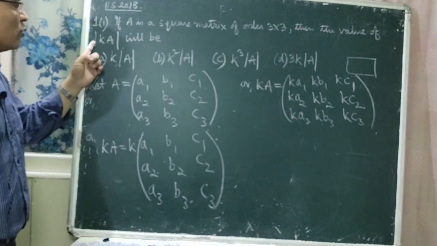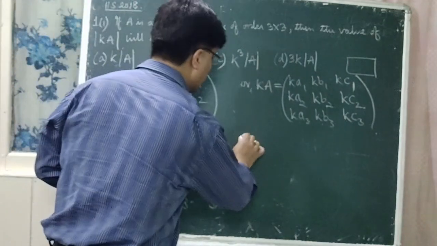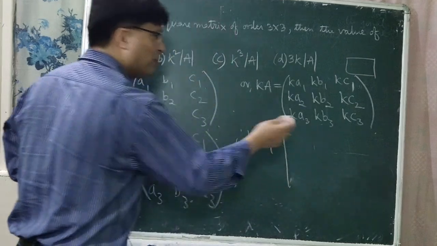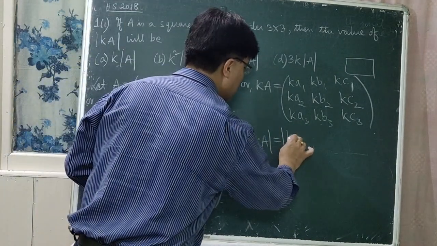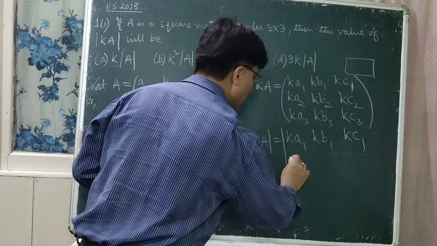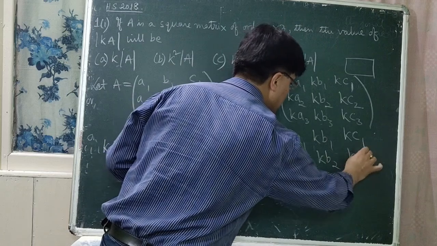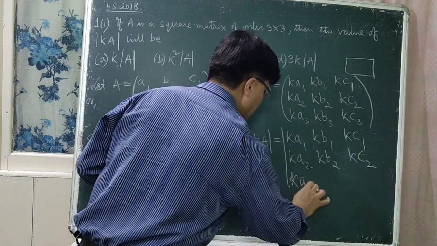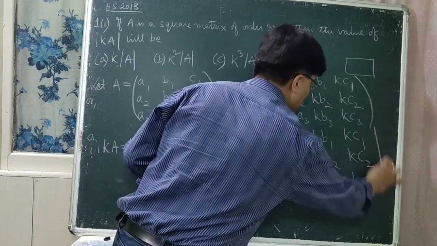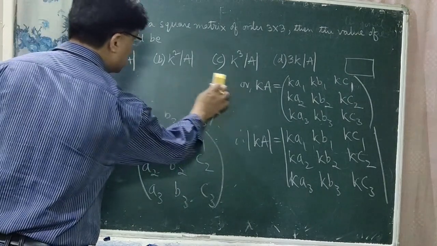Now you have to find out the determinant of kA, or det of kA. So its notation is this one. Now convert this matrix into determinant form. So it is ka1, kb1, kc1, ka2, kb2, kc2, ka3, kb3, and kc3. Is it clear to all of you? Now let us simplify it.